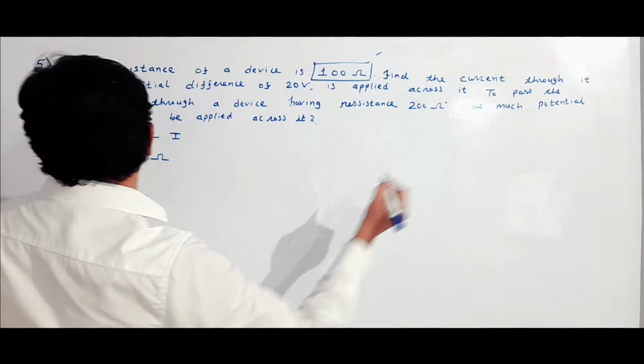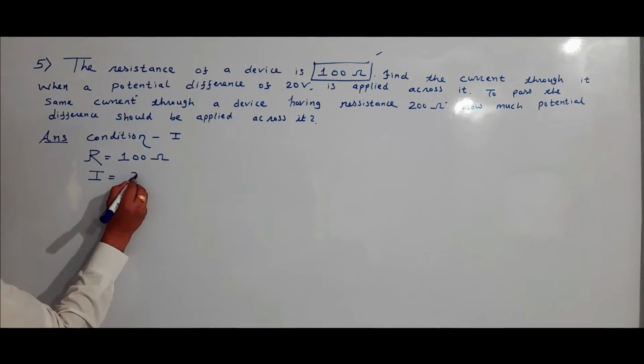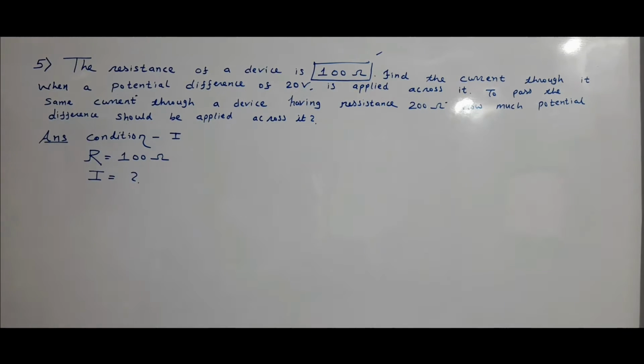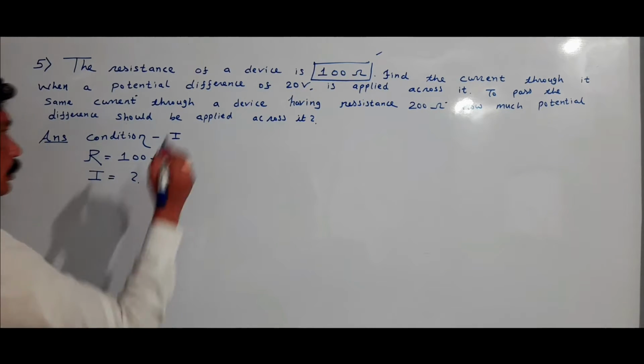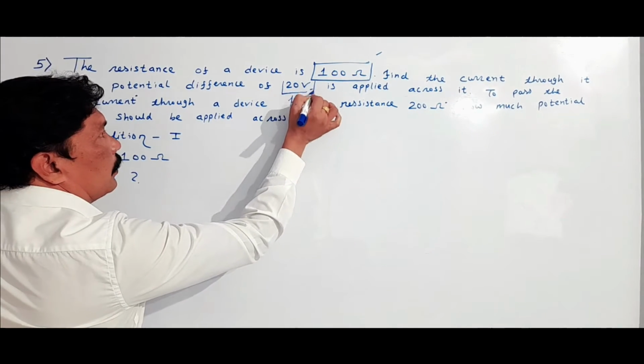Find the current through it. Current we have to find, if the potential difference is 20 volt.